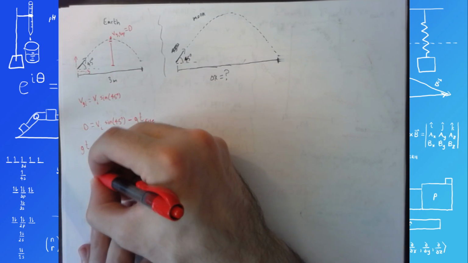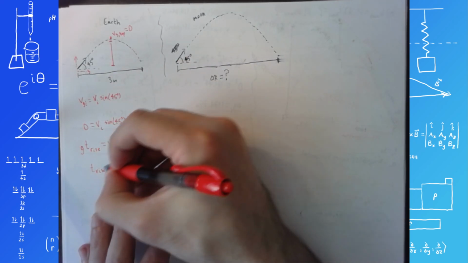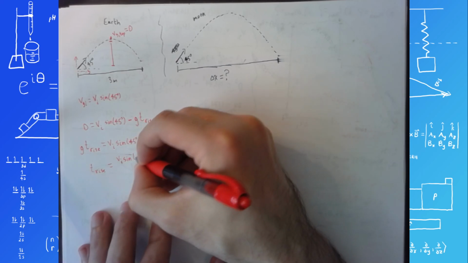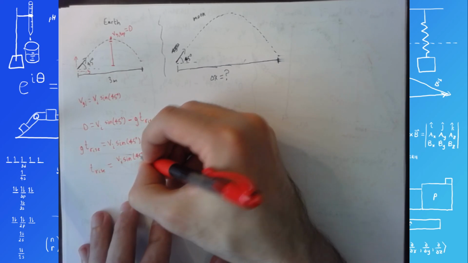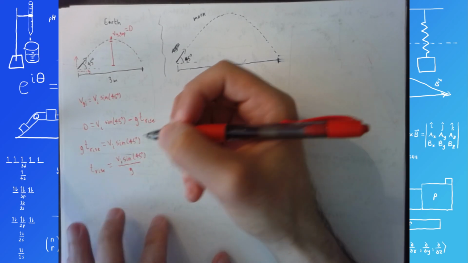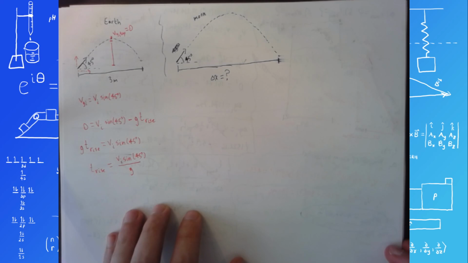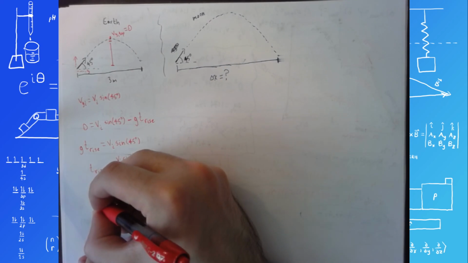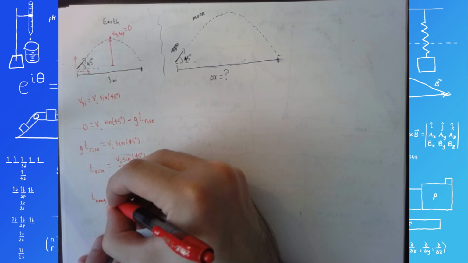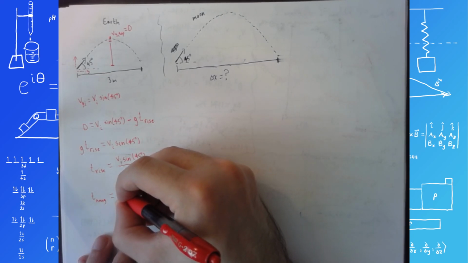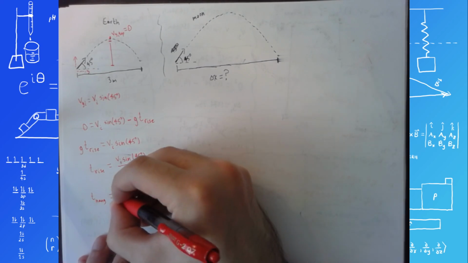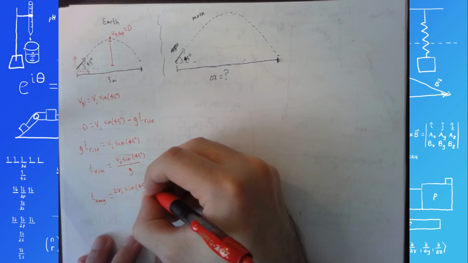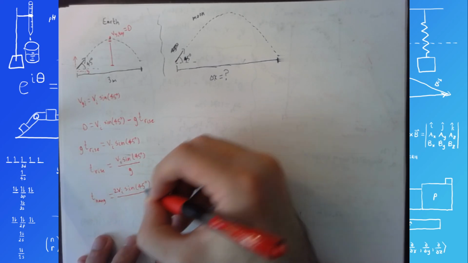Divide by g, and you get t rise equals v initial sine 45 over g. And then if I multiply that by 2, I get the total time, so the hang time equals 2 v initial sine 45 over g.